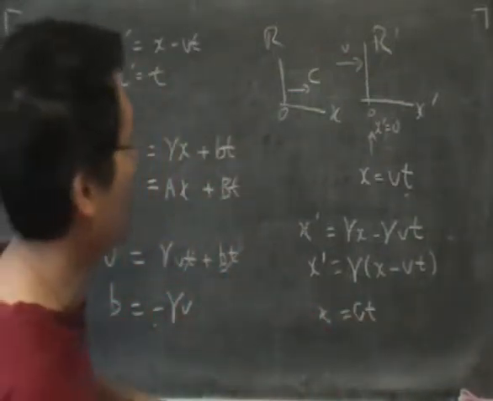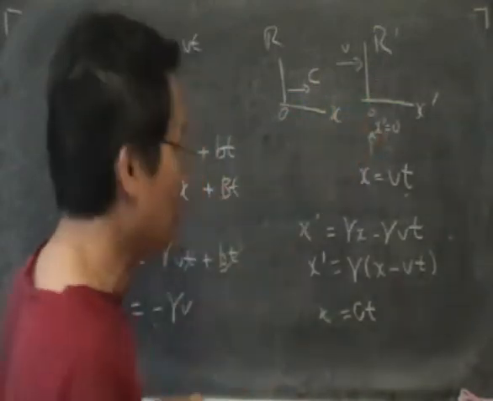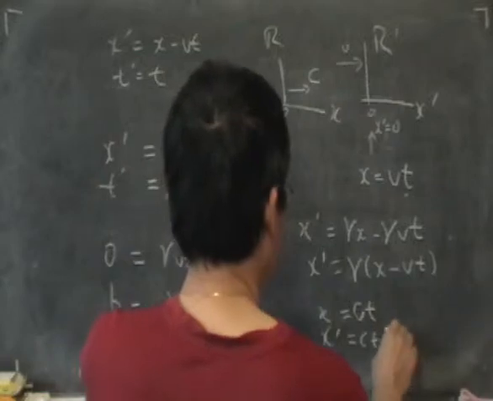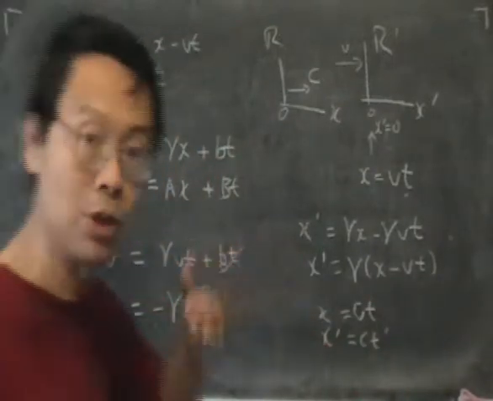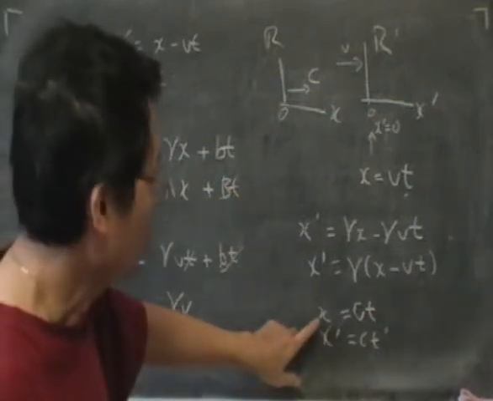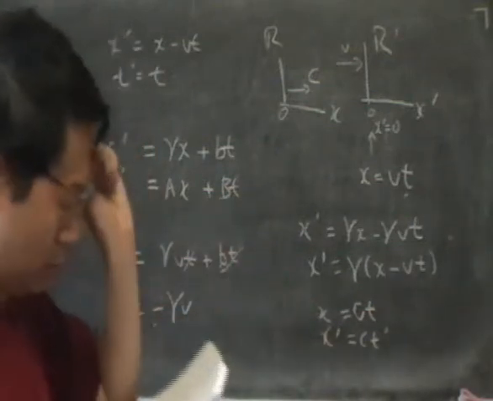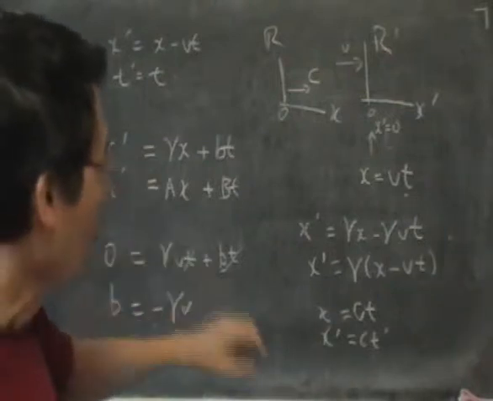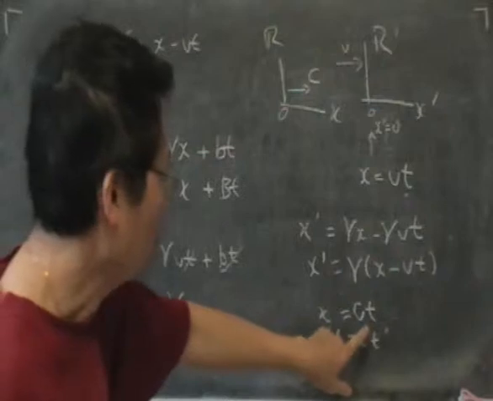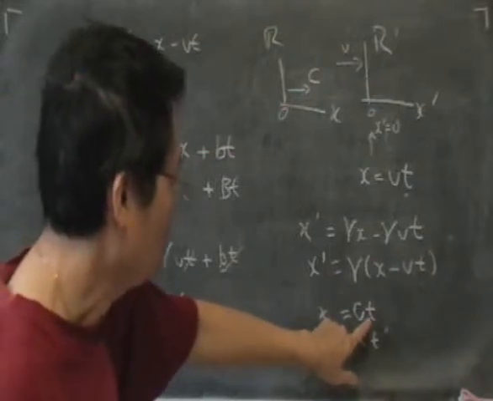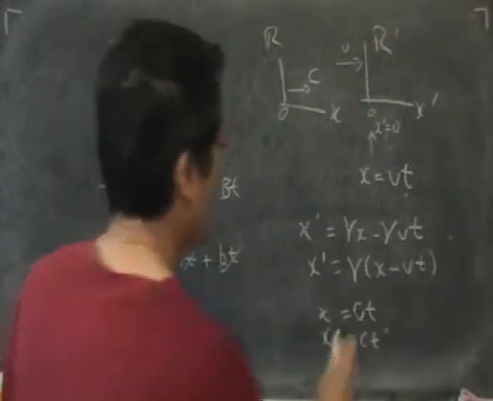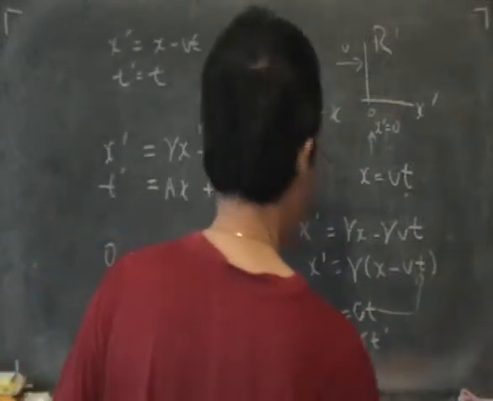Alright, likewise, from the point of view of that observer, I would have x prime is equal to c times t prime, would be the position of the light as it moves. So what I'm going to do here is substitute the t from here in terms of x into the t in this equation.